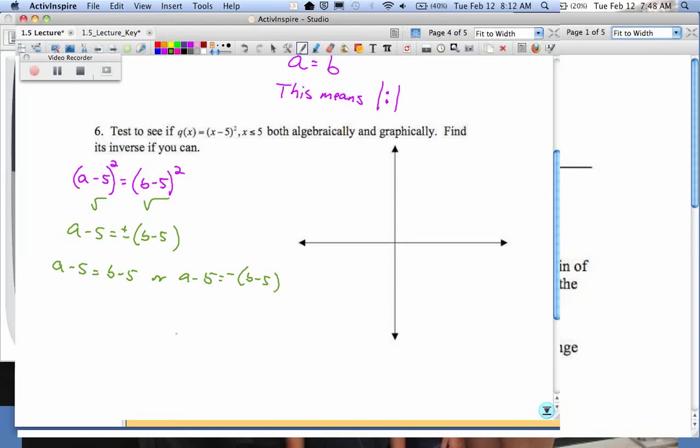So at the very end of this, what's going to happen? Can you get a equal to b? No. So you run into some issues there. When you look at (x minus 5) quantity squared, what did we learn the other day?